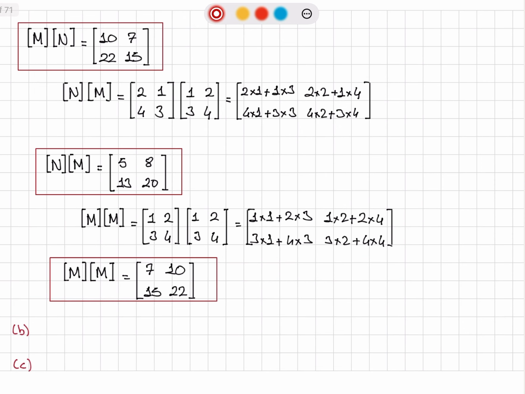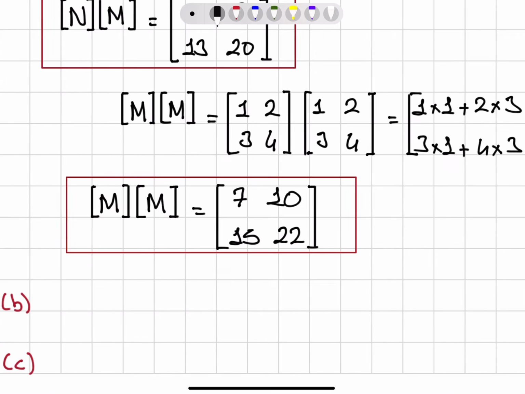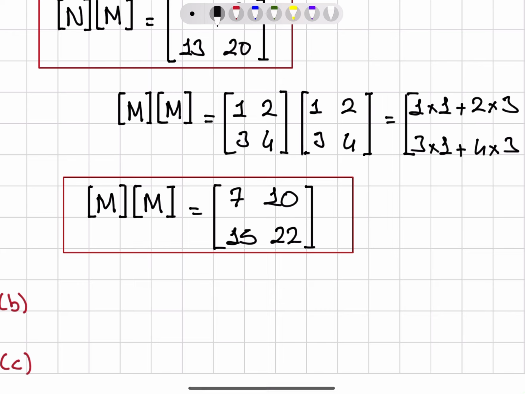So let's see what we did here when we multiplied matrix M with matrix N. This can be written in subscript summation notation.